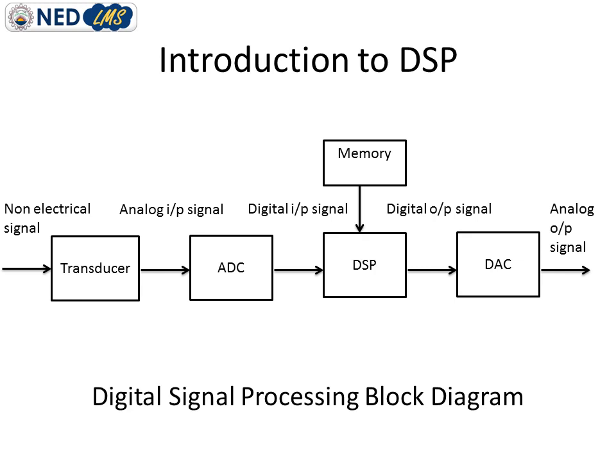And we have an output from the DSP block, and this output signal is in digital form, and we can convert this digital output signal into analog form with the help of the DAC block, or digital to analog converter.